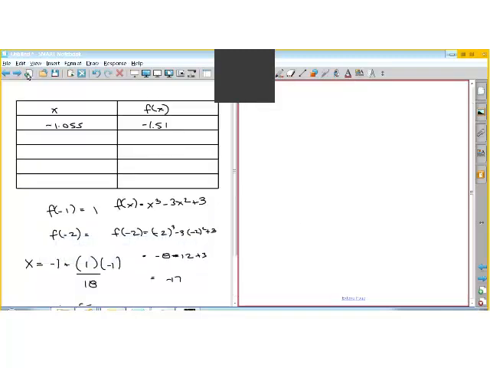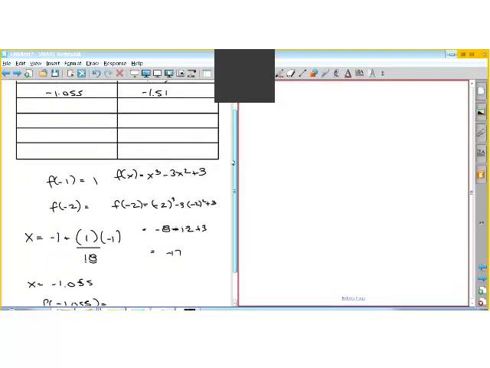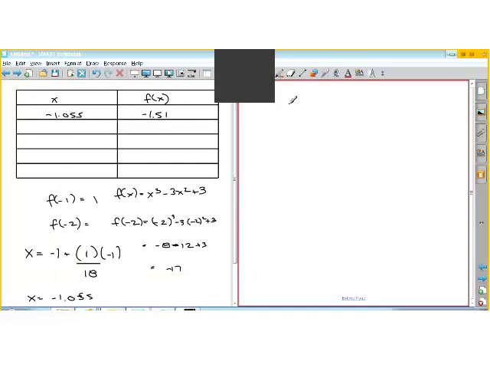Let me add a page. So my next guess is I'm going to use these two endpoints. I'm going to take x is -1.0, y was +1, and then I'll take this new point, -1.055. That gives me -1.51. Okay, so again, I'm going to interpolate to try to find where this goes to 0.